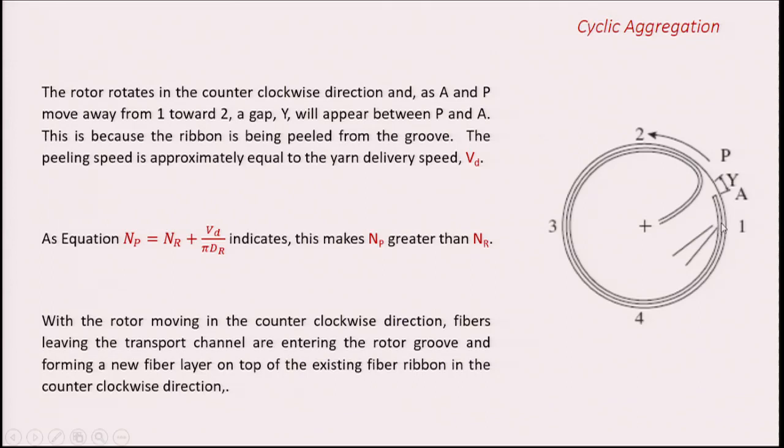The deposition is going to be happening at point 1 only. So, as the rotor rotates counterclockwise, the new fibers are going to be deposited in this area here. New fibers are going to be following the peel off point, and this gap between the peel off point and A is going to gradually increase as the rotor moves towards 2.